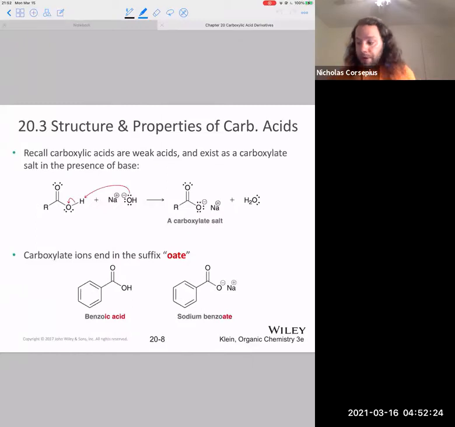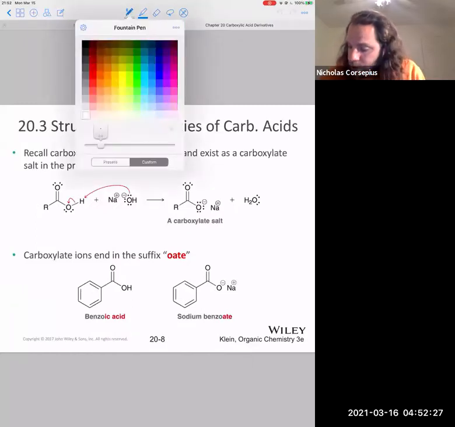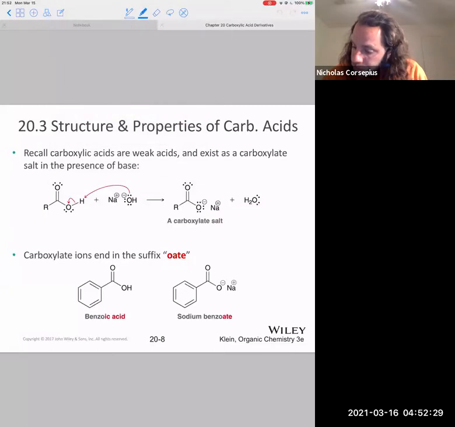One of the first reactions we ever learned about in this course, and we should be well aware of, is an acid-base reaction, right? So this is the simplest reaction you can have with a carboxylic acid. That is just your base acting as the nucleophile doing a proton transfer, and that pair of electrons jumping onto that oxygen. This creates what's called a carboxylate salt.